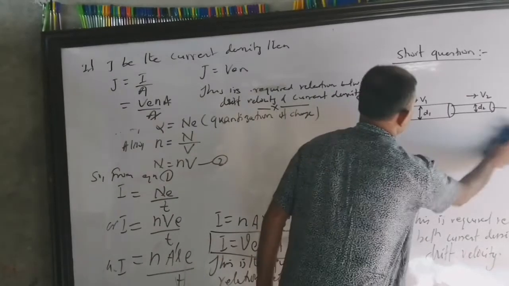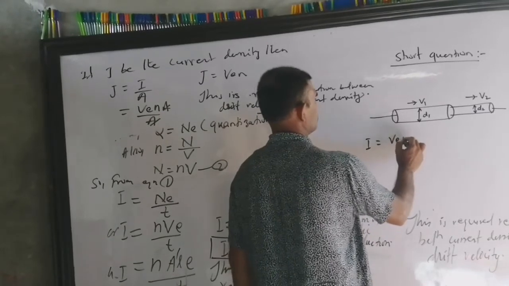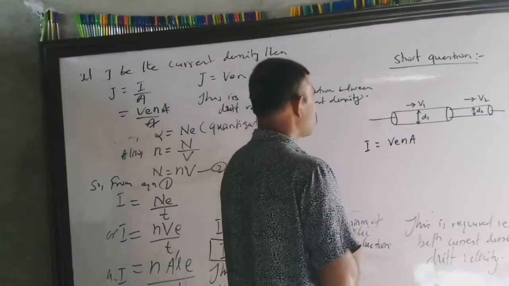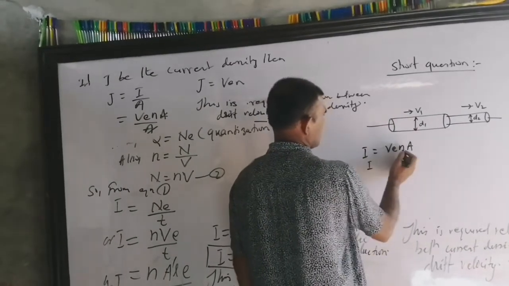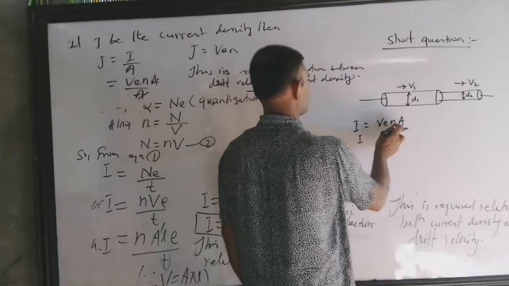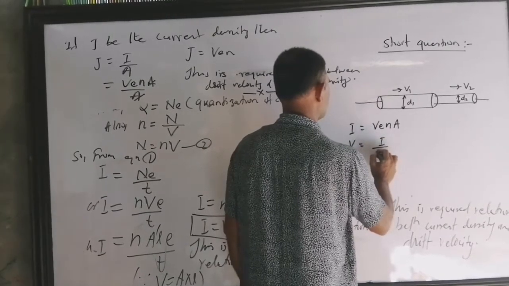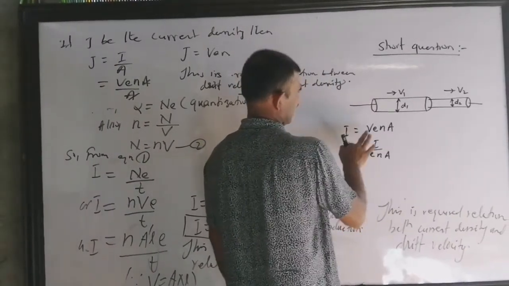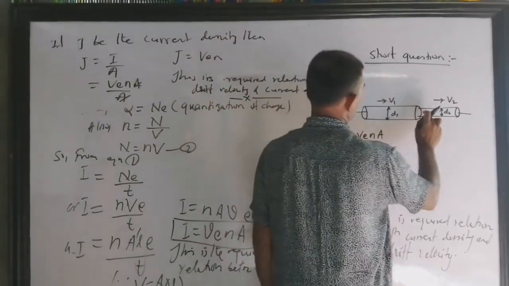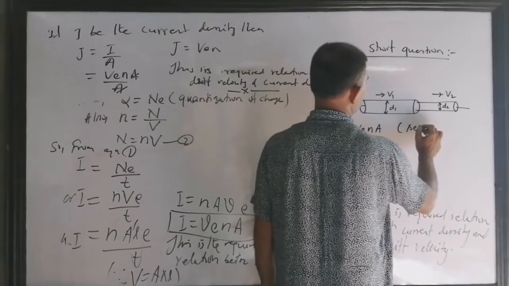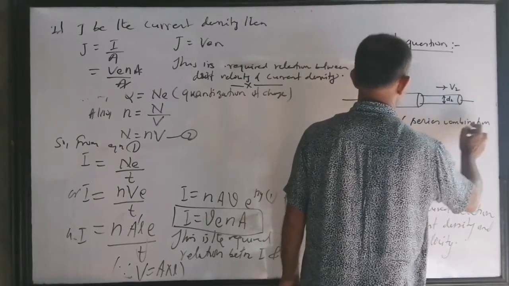Thought, or still thinking? Very interesting. I told you I equals n e A Vd, and I need Vd, so drift velocity equals I by n e A. Is it right? I took these terms to this side. Here these two portions are in series, so keep in mind in series connection the same current goes through.